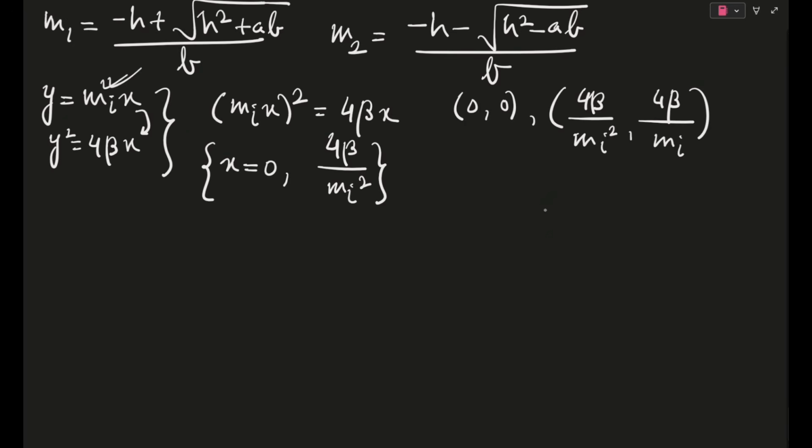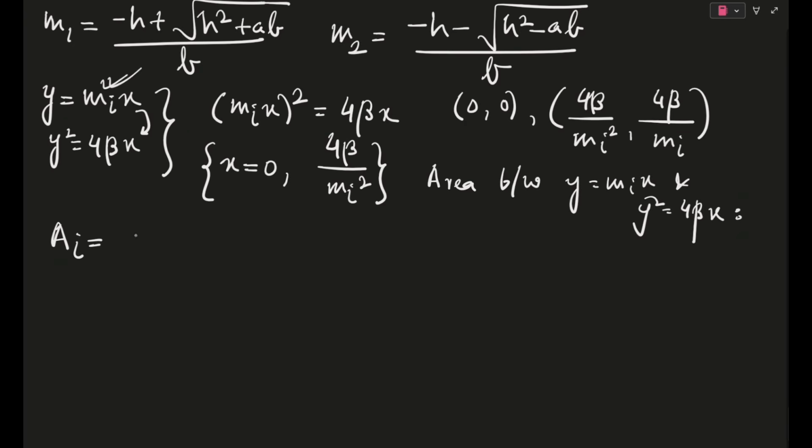Okay, so guys, if we want to write the area in between y equal to mx and y square equals 4bx, let's denote this for the time being as A1. So our A1 will come out to be the integral from 0 to 4b by m square.